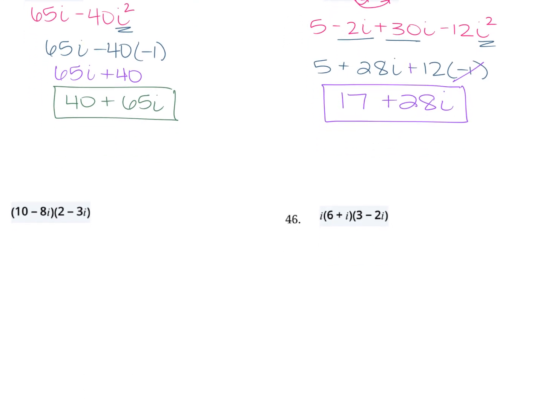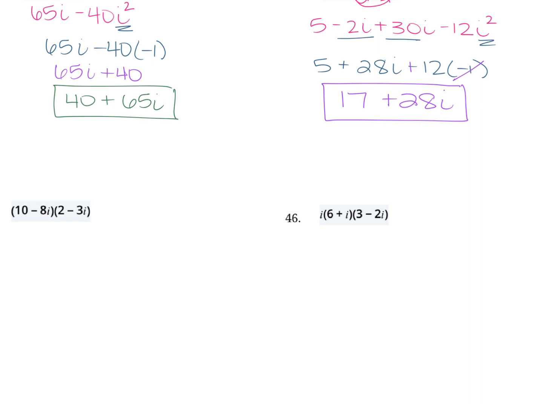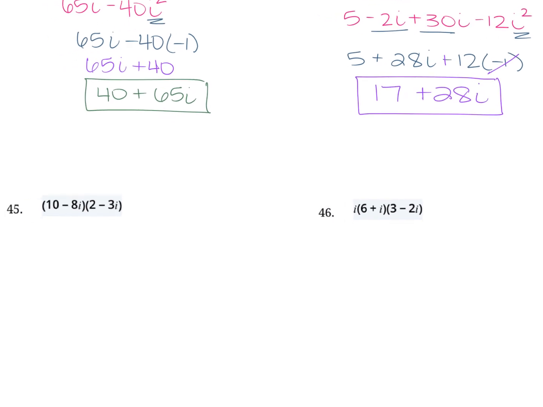For 45, you have 10 minus 8i times 2 minus 3i. So we are going to FOIL this out, do 10 times 2, which is 20. 10 times negative 3i is negative 30i. Negative 8i times 2 is negative 16i. And negative 8i times negative 3i is a positive 24i squared. So from here, combine your like terms, simplify the i squared.